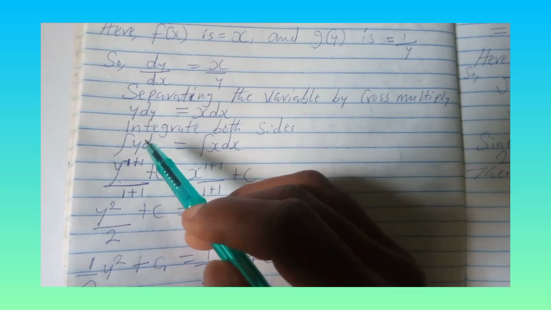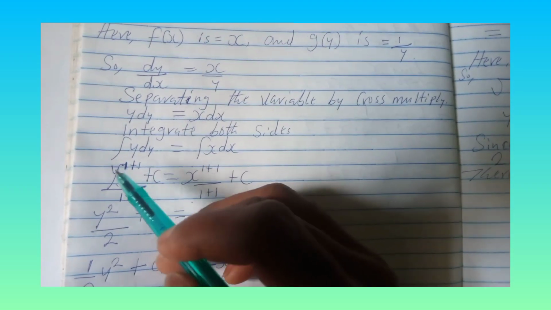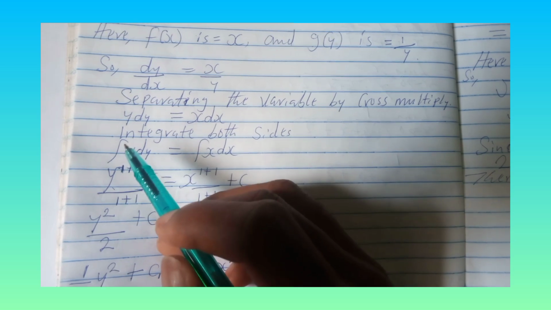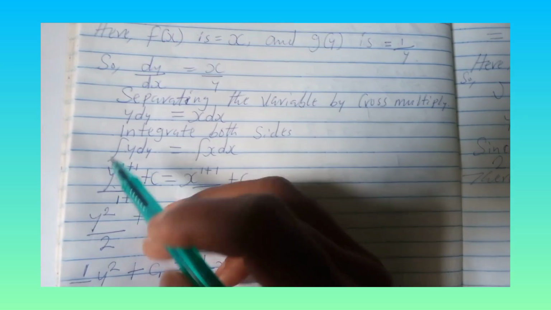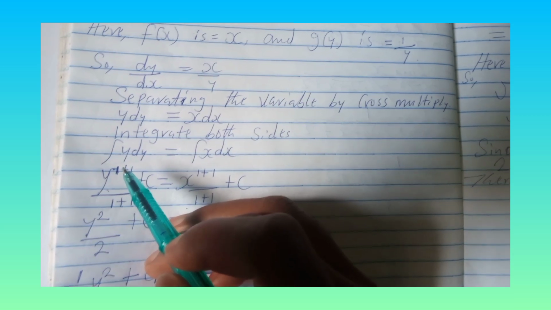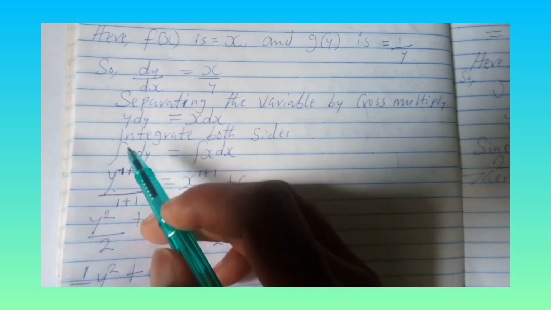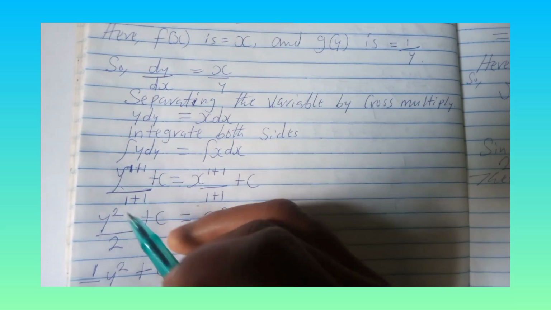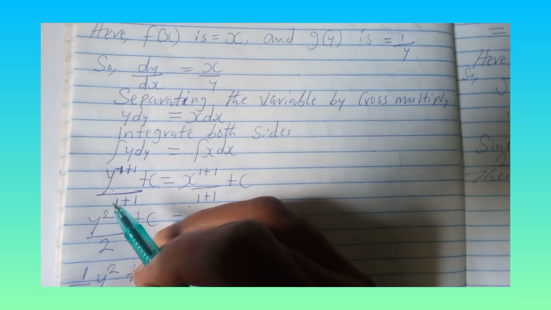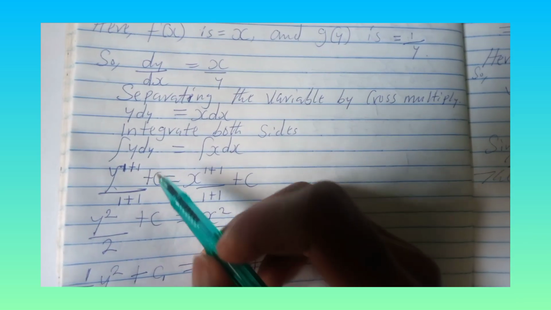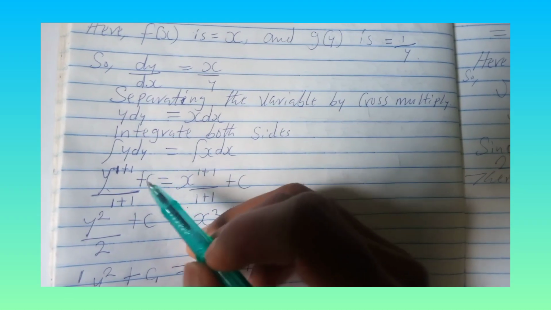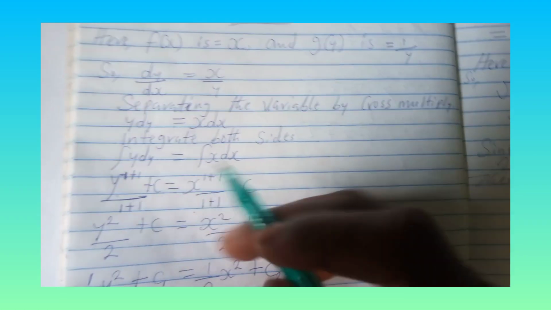When we integrate y, it has an invisible power of 1, and in integration we add 1 to the power, then divide by the same number: (1+1) over (1+1). Then plus c, because in integration we add a constant.